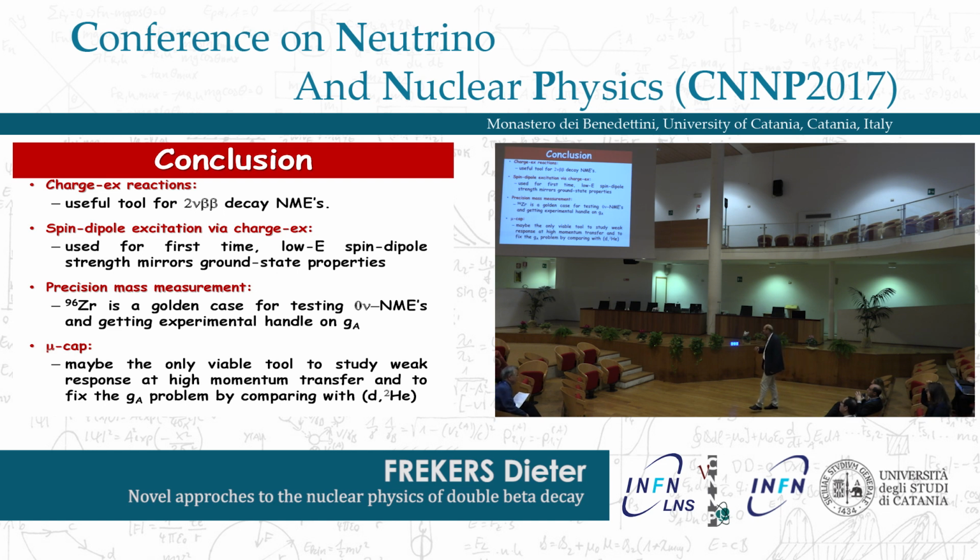And of course, muon capture may be the only viable option to study a weak response at high momentum transfer and to fix the GA problem by comparing it with something that is at low momentum transfer. And we do have some data, very good data at low momentum transfer. Thank you very much. I overdid my time, I guess.